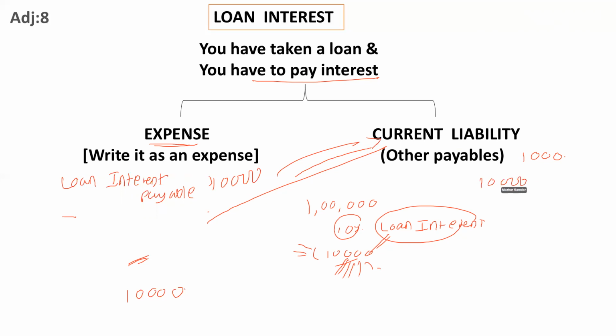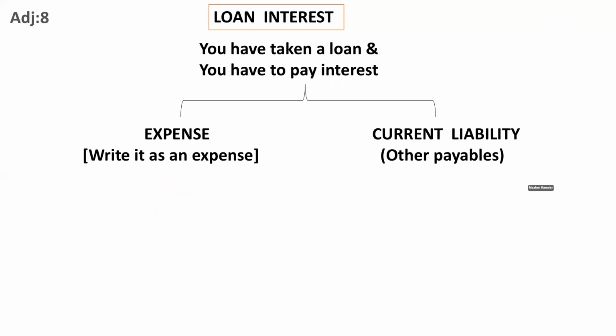That means the interest that you have not yet paid. Please remember that the loan amount, the loan of 1 lakh, will be shown as a non-current liability if the due date is more than a year.